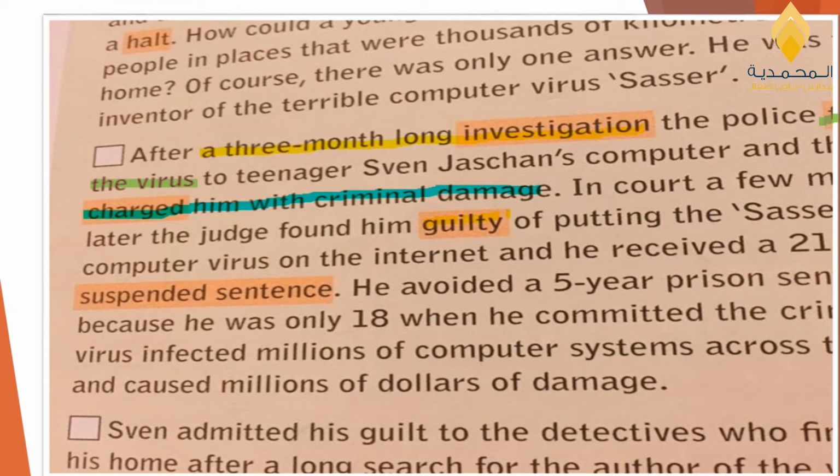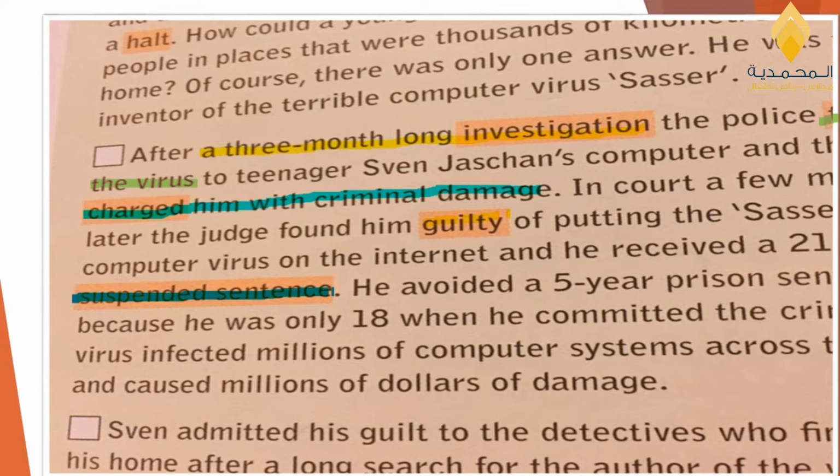After the court found him guilty, what did they do? They gave him a punishment. But because he was under 18, or 18 in this case, he had a suspended sentence. What do we mean by the word suspended sentence? Yes, his punishment was delayed because he was very young.